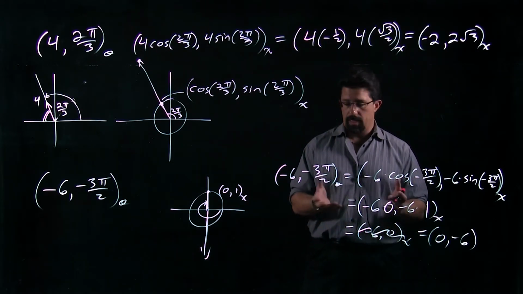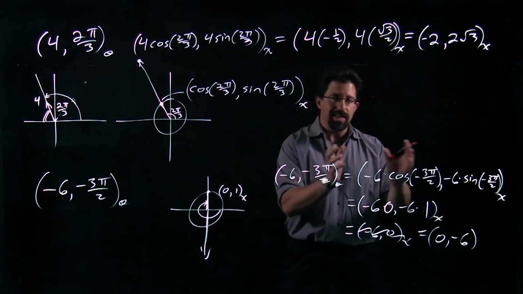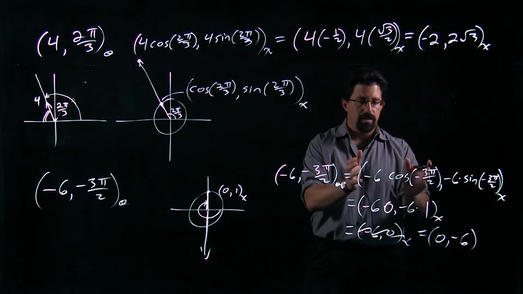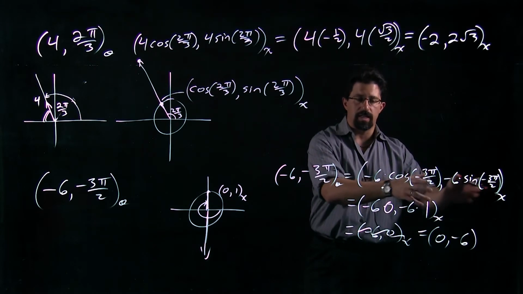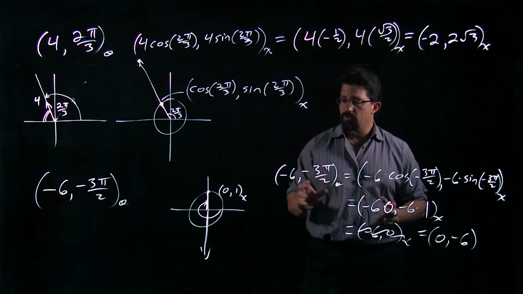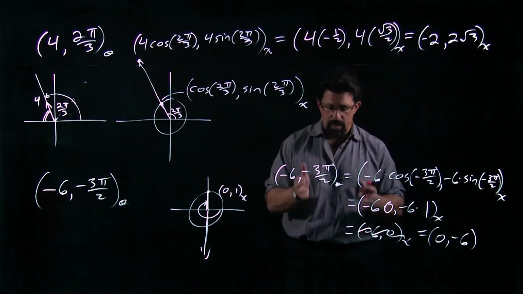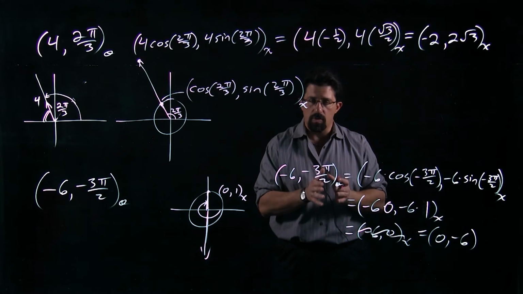The main idea, the thing that we want to keep in mind is, even though there's a really easy translation, just r cos θ, r sin θ, you plug it in and you're done, it is very important for us to be able to visualize what is happening. That what we're doing is beginning at the origin.